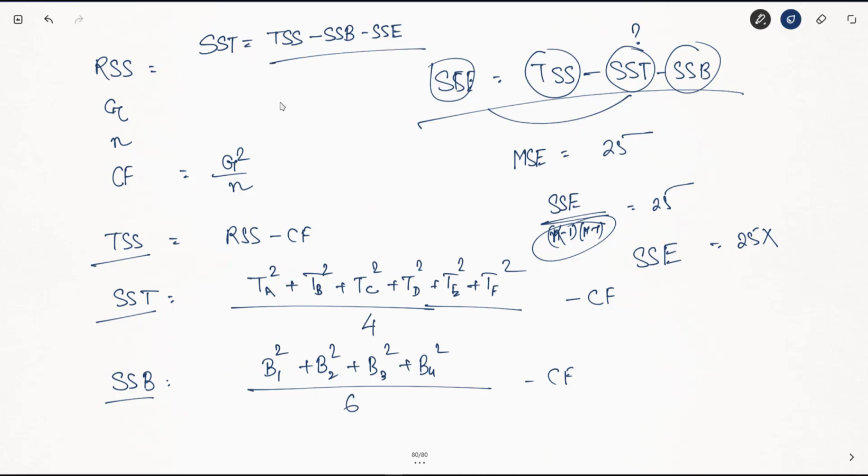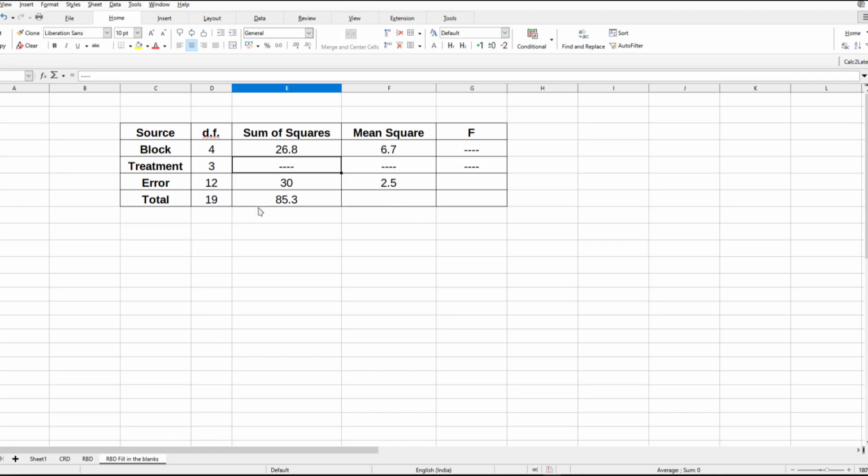So I will use this formula to get sum of square due to treatment. So this will be equal to total sum of square minus sum of square due to block minus sum of square due to error. Enter. So this is treatment sum of square.